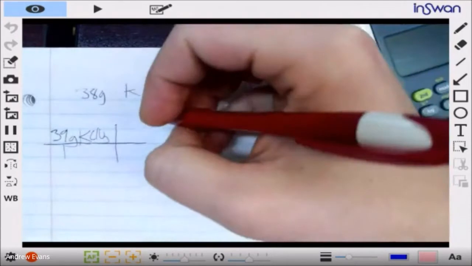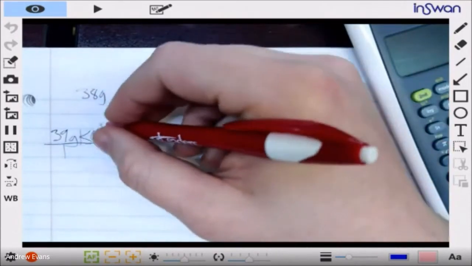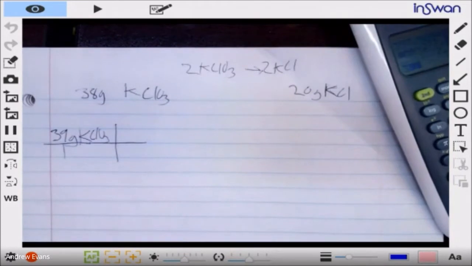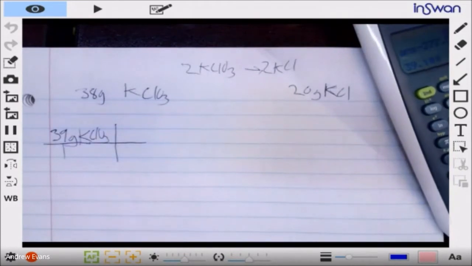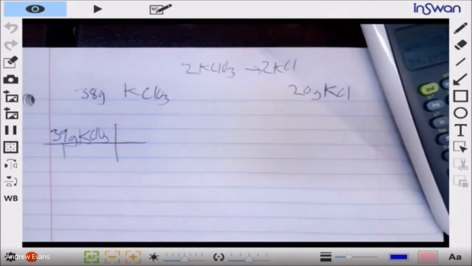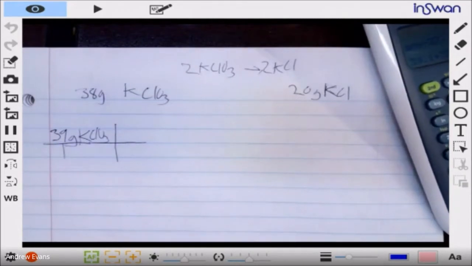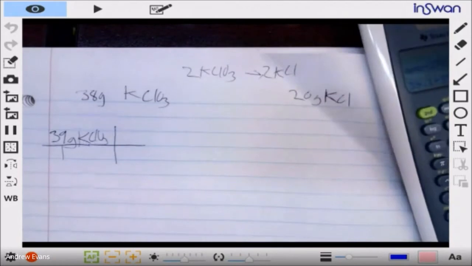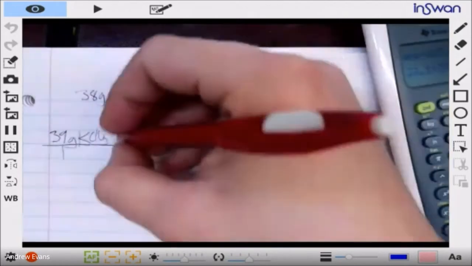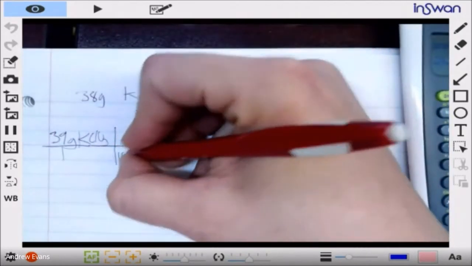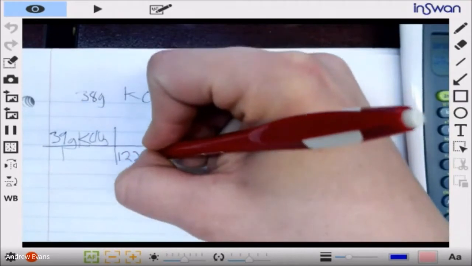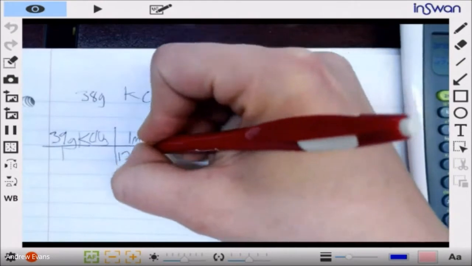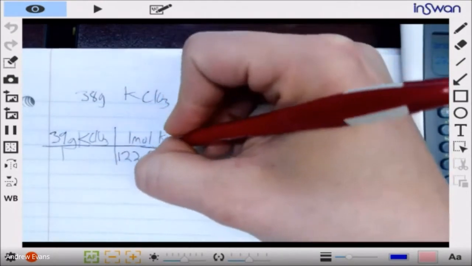Grams to moles. We need to figure out the molar mass of potassium chlorate. Potassium is 39.1. Chlorine is 35.45. Oxygen is 16, and there are 3 oxygens. So that means the molar mass is 122.55 grams in 1 mole of KClO3.